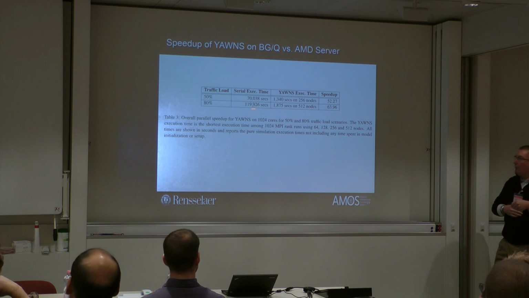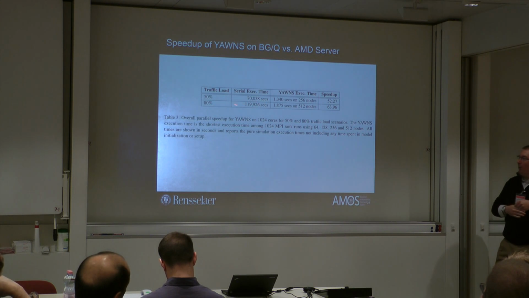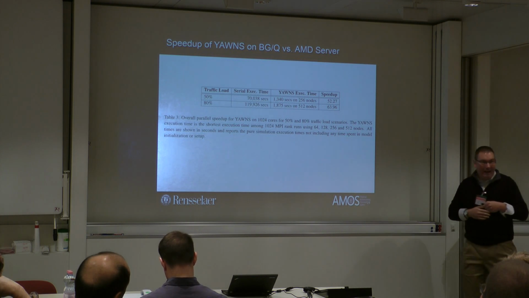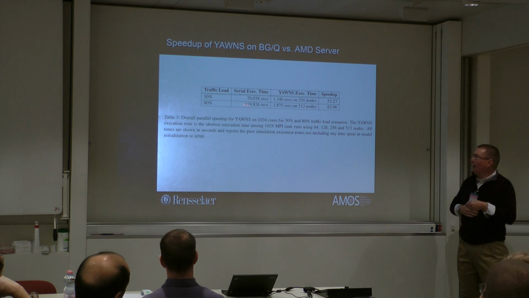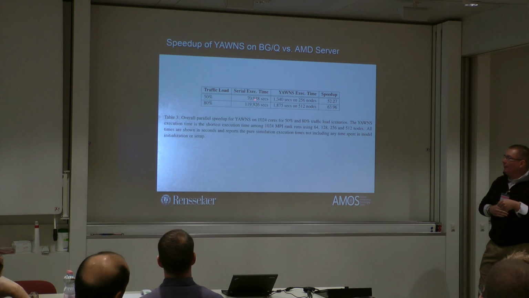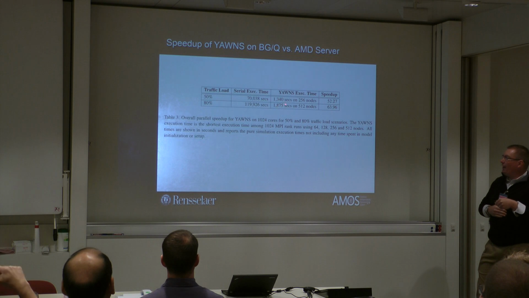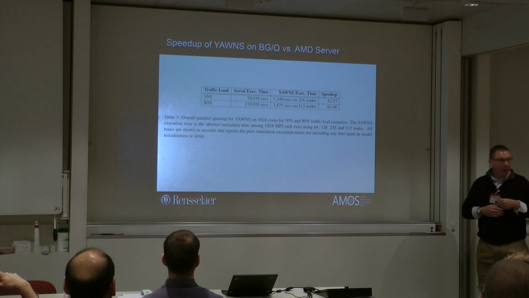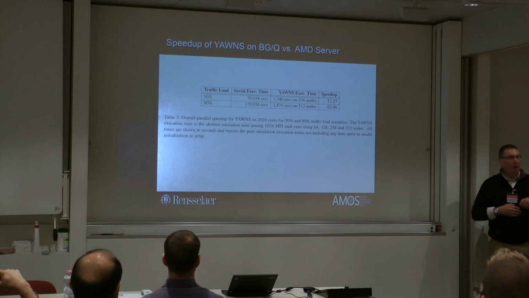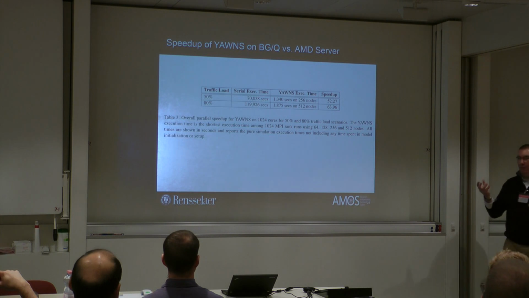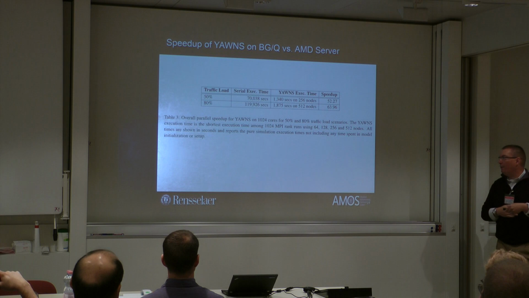Running at 80% workload, it took 119,000 seconds, or 33 hours, a lot more than your average coffee break, versus on YANS we were seeing around half an hour or so. So this is very reasonable. We saw speedups close to 64 times, which is really where we wanted to be. So we felt we'd somewhat achieved the goal of our overall project.